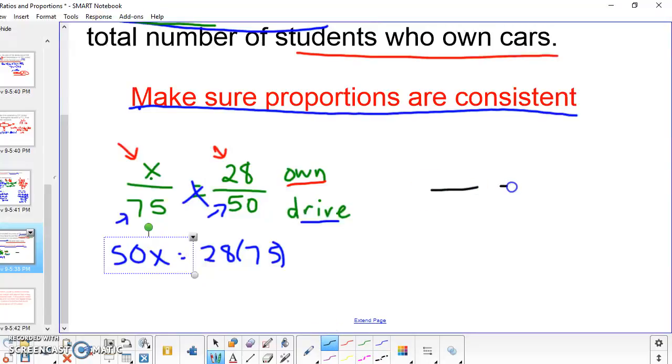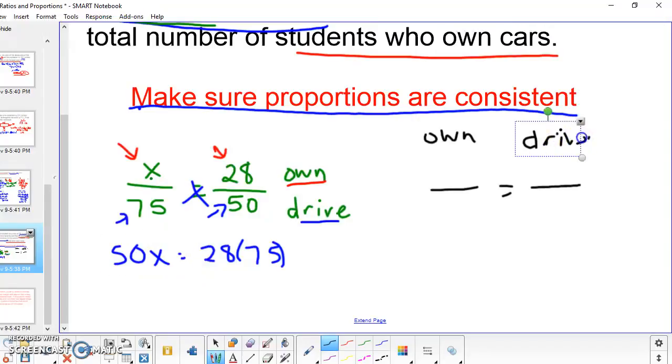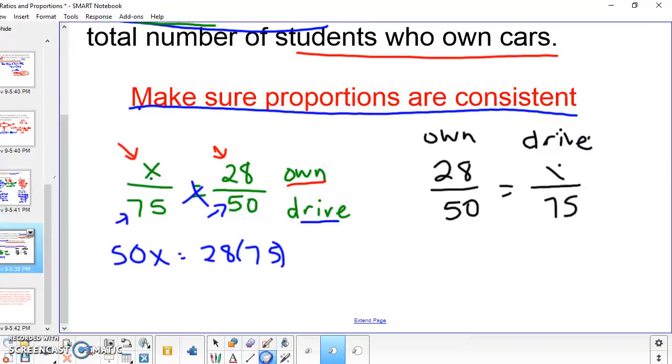Now, there are lots of ways to set up a proportion. You might have said, what if I want to put the people who own cars on the left and the people who drive on the right? So the people who own would be 28 out of the 50 that they talk to. And there are a total of 75 people who drive, and we want to know, set this up wrong, sorry.